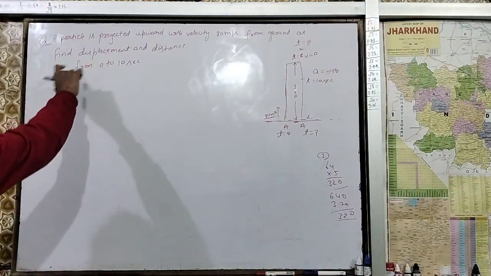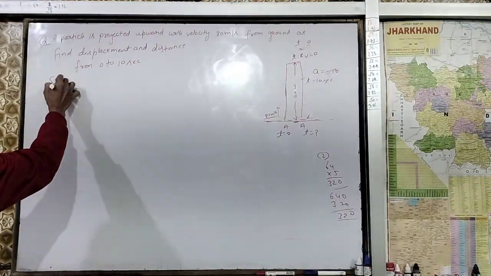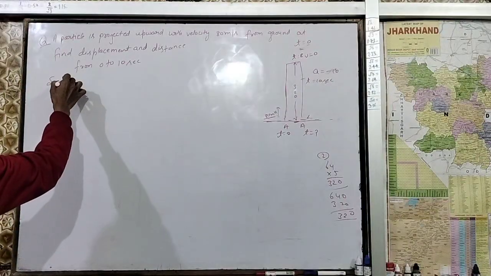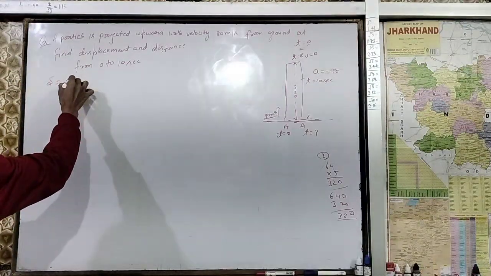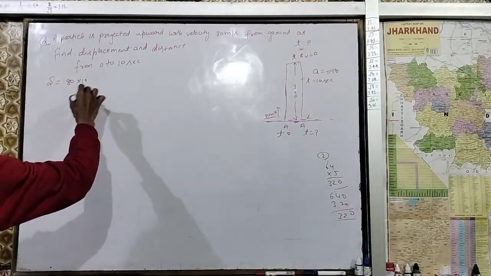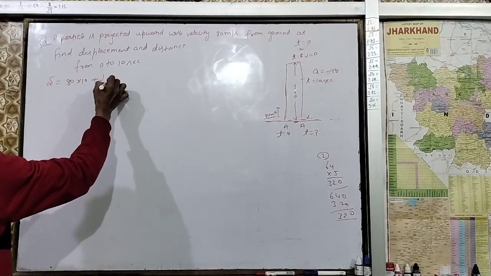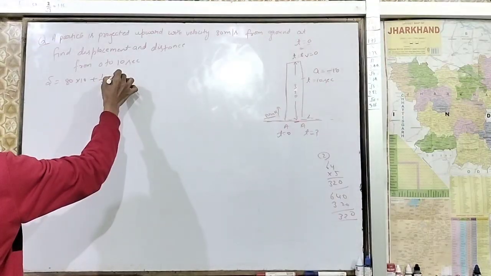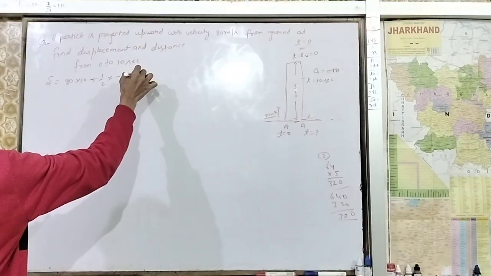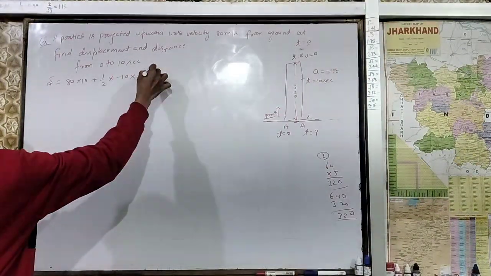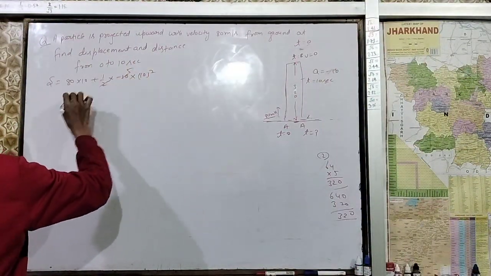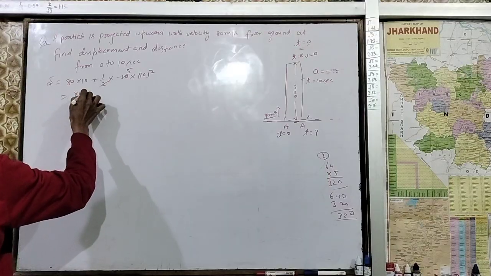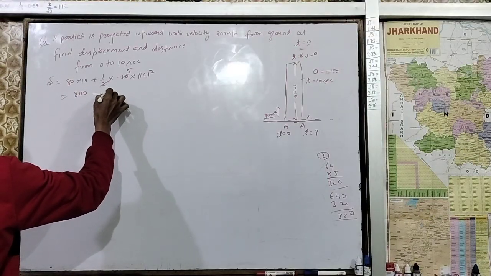You can easily find the displacement by using the second equation of motion. u is 80, t is 10, plus half multiplied by a is minus 10, t 10 raised to power 2. 2 5s are 10. 800 minus 500.